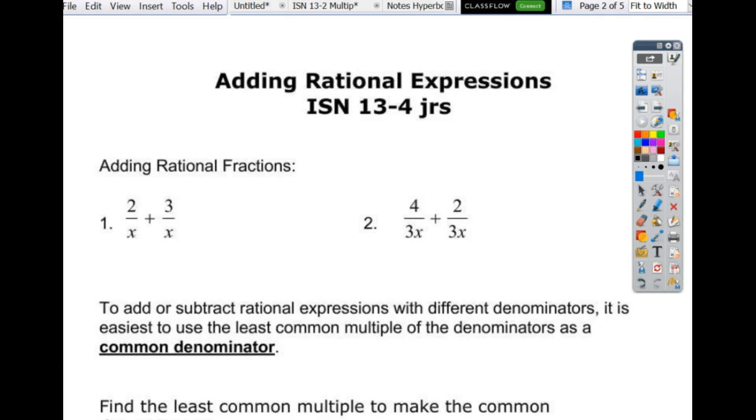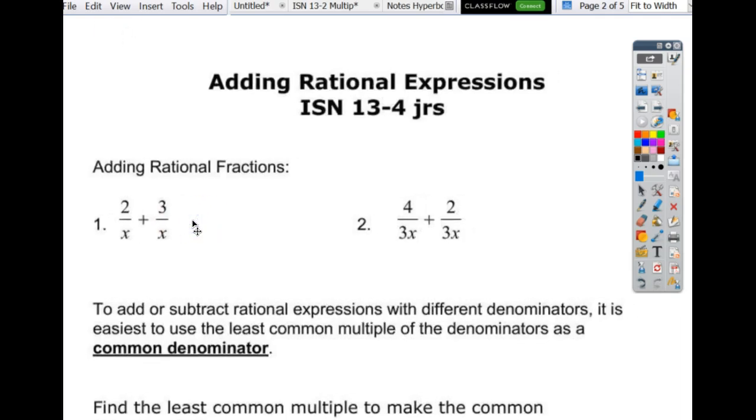So if I was going to add this, the common denominator is x, and that doesn't change. So when I add 2 plus 3, I get 5 over x. This is not hard.